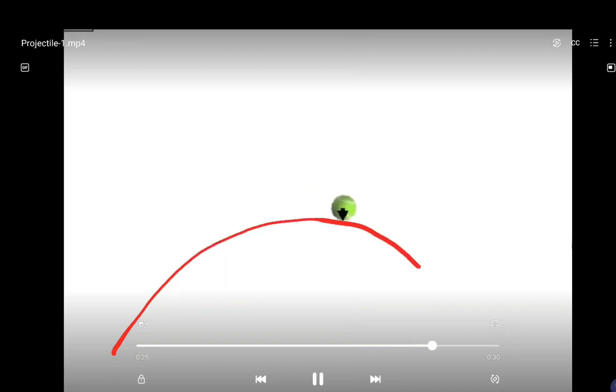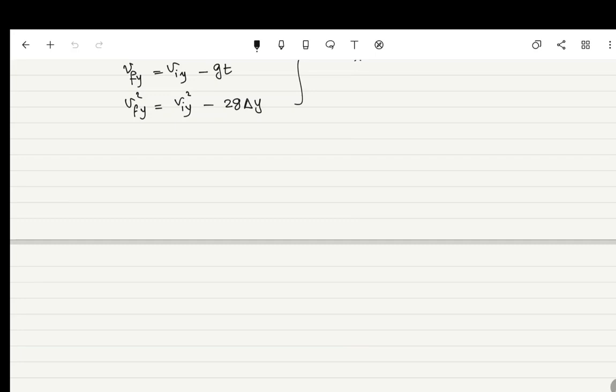Look at the trajectory of the ball. It's taking a path like this. As we saw in the model, the trajectory is parabolic. When we fire an object, it moves like this, and this track is a parabola.